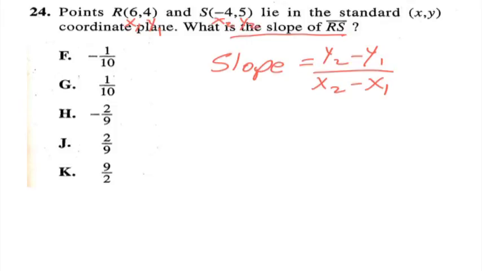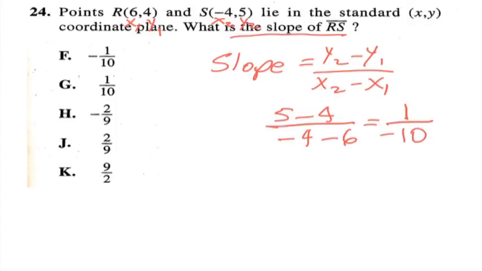The first thing I start with is my y values, and they go on top. So I have 5 minus 4 on top. On the bottom I have minus 4 minus 6. This gives me a 1 on top over a minus 10, which makes F, the answer to this one, minus 1/10.